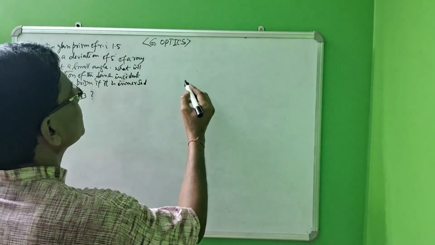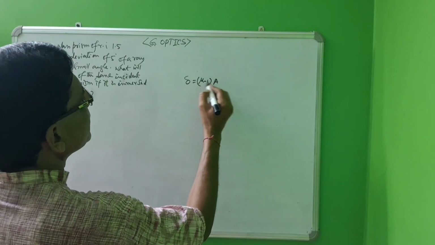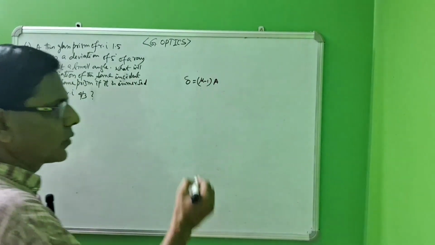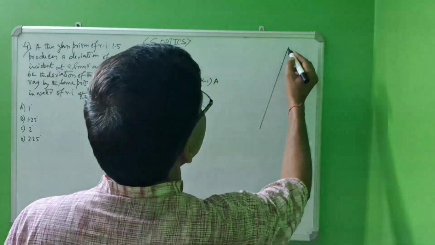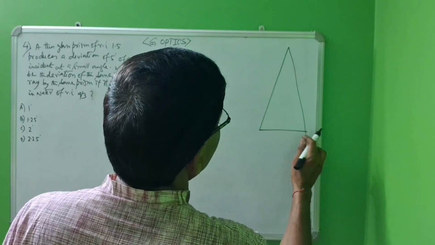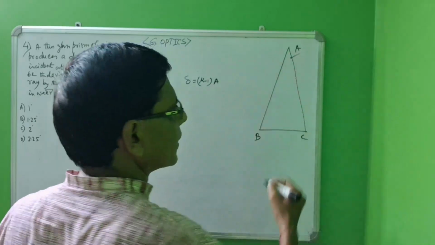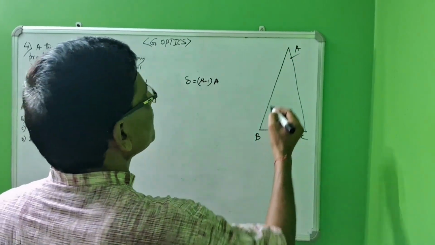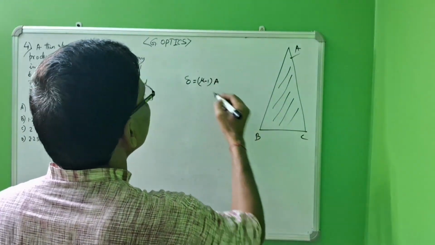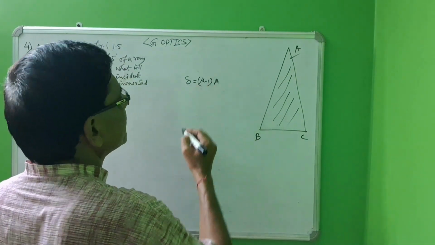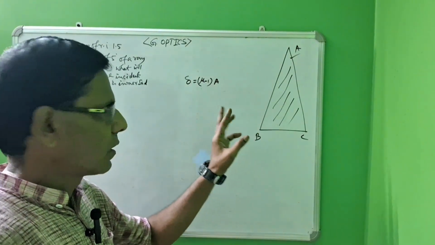A very simple one. We know delta equals mu minus 1 into A for a thin prism. Suppose this is a thin prism. This is angle A, called the refracting angle. For this thin prism we get delta equals mu minus 1 into A. This is the relation.